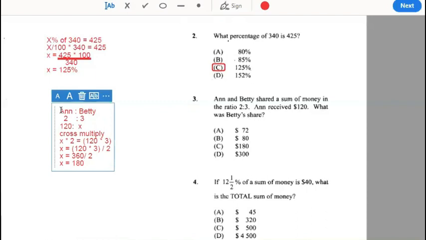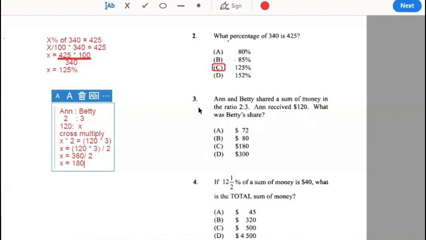Another way you could do it is look at it from a natural everyday example. Let's say you bought 2 patties, which is the ratio 2, for $120. If you want to find the cost for 1 patty, it's as simple as dividing 120 by 2 to get the cost for 1 patty.